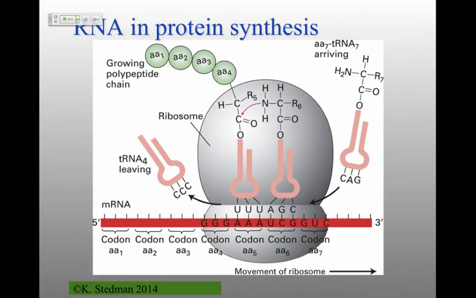And again, this is all about this wonderful RNA machine, which is the ribosome. Ribosomes are really composed of two large RNAs, but they can't function without other RNAs, and those RNAs are, of course, your messenger RNA and your transfer RNAs.